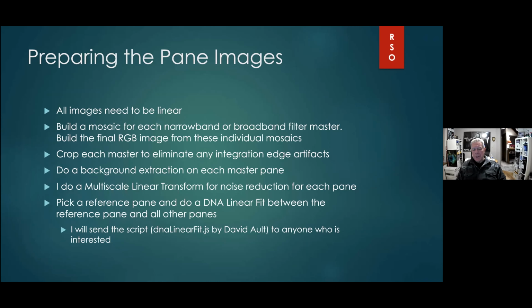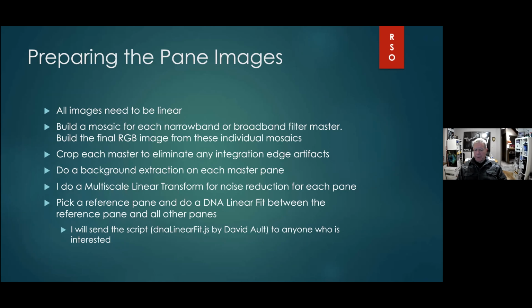I do a little cleanup, and this is part of my normal routine. I do a dynamic background extraction on each of the panes, because you want to get these panes as uniform as possible, so that the final product is very uniform throughout all of the panes.